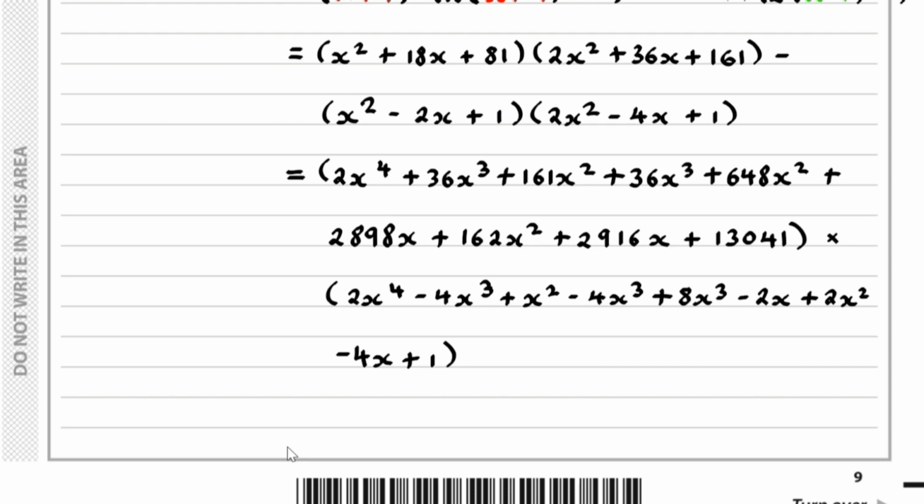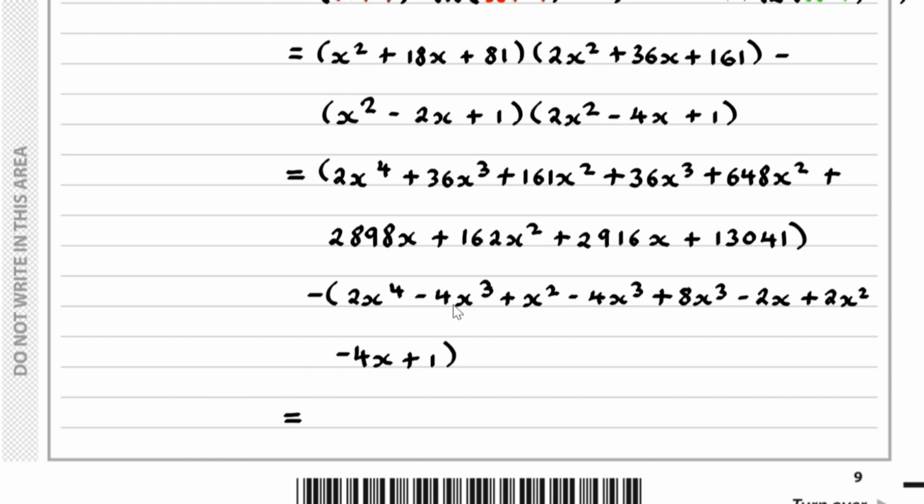So let's see if we can tidy all of this up. Here we've got a minus. Tidying this up, we've got 2x to the 4 minus 2x to the 4, that's 0x to the 4.